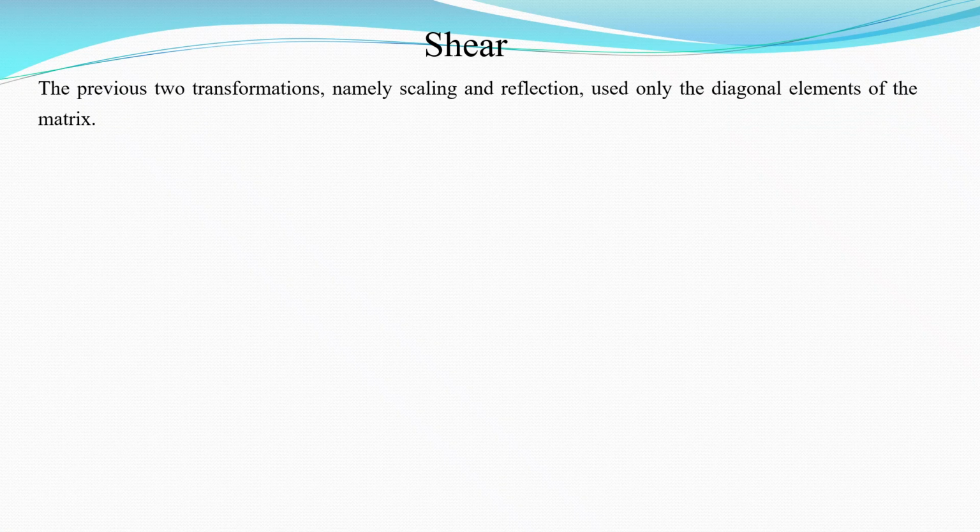The previous two transformations, namely scaling and reflection, used only the diagonal elements of the matrix. Scaling is nothing but increasing or decreasing the size of a given object.